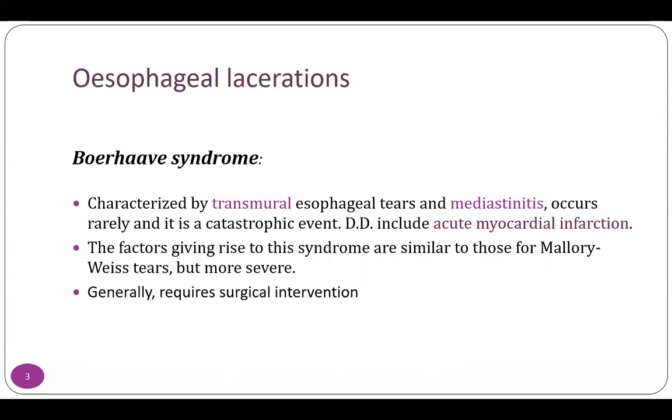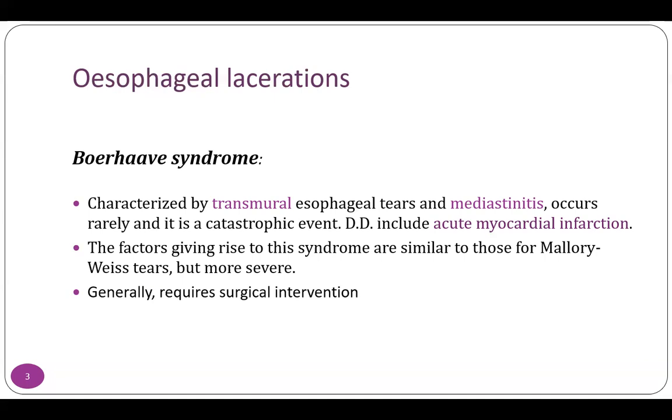Any tear or rupture that reaches the outside of the esophagus means mediastinitis. It's really severe and clinically important. It can cause severe acute mediastinitis, sometimes very painful, and it looks like a myocardial infarction.